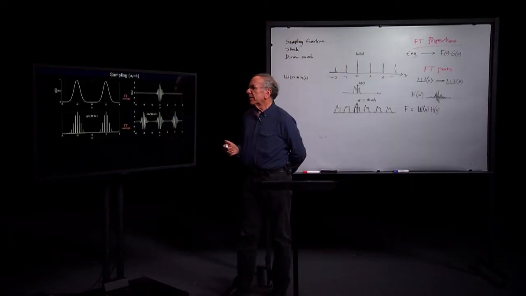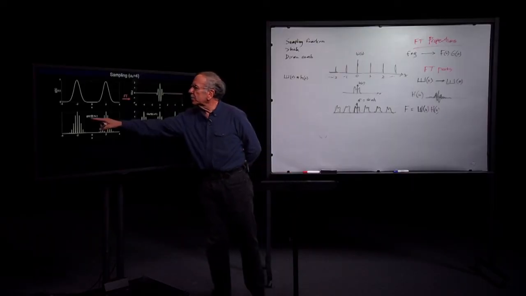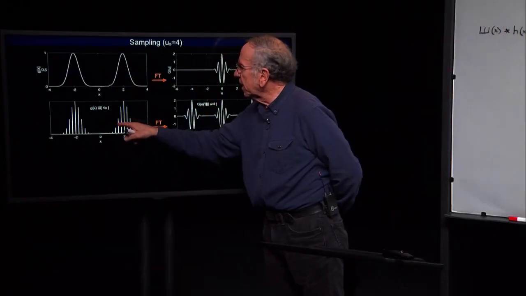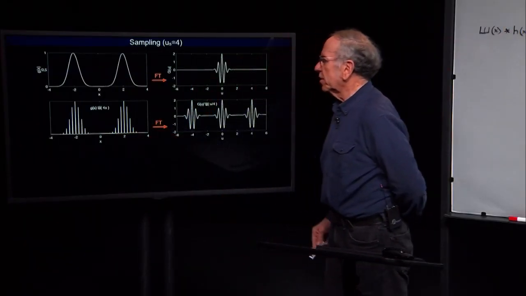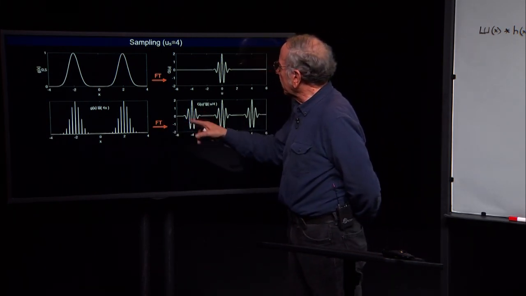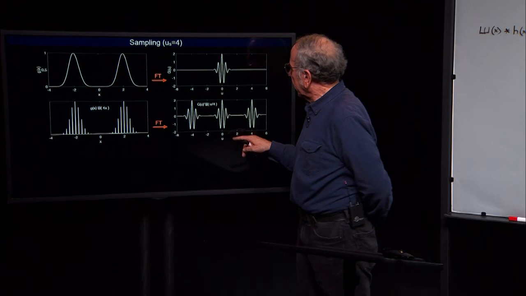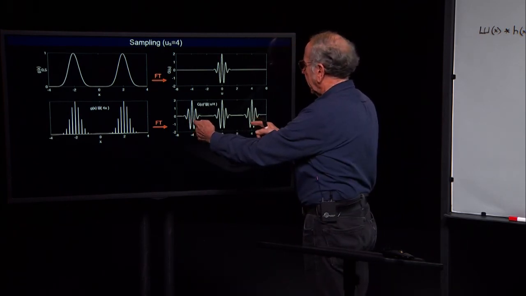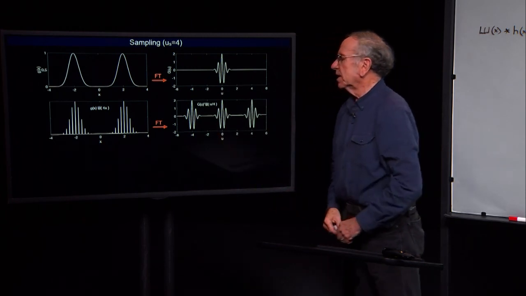I picked a particular sampling interval: the Shah of 4x. So every quarter of a unit along the x-axis we have one of these delta functions. It turns out that the units work out in such a way that the spacing between these copies of the Fourier transform is exactly 4 units.